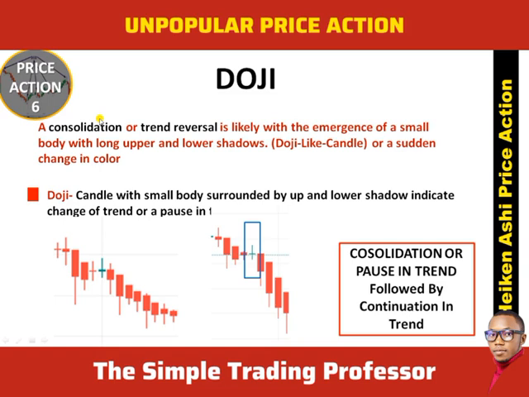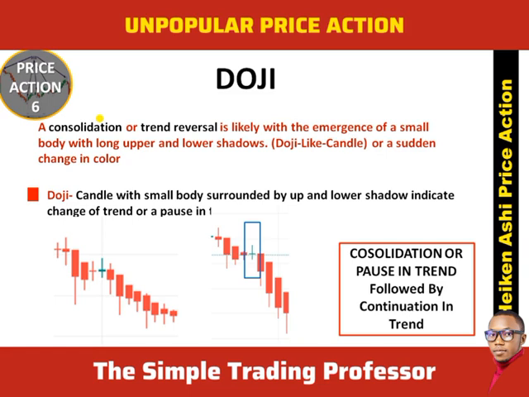A consolidation or trend reversal is likely to happen with the emergence of a doji. A doji candle is a small body surrounded by a lower and upper shadow.